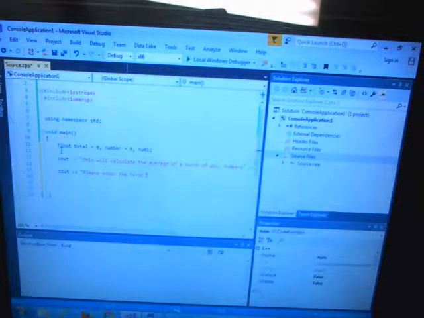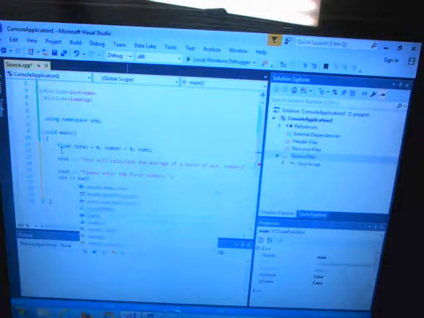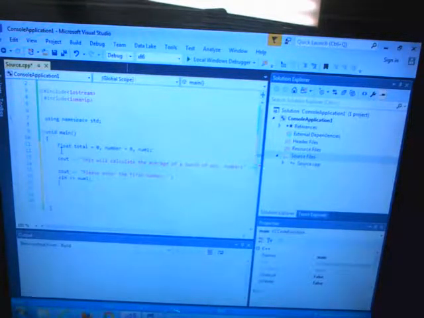Okay, and then cin num1. All right, so we read in the first number. Now what?